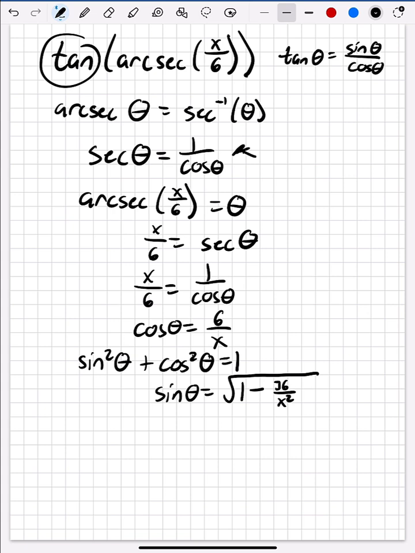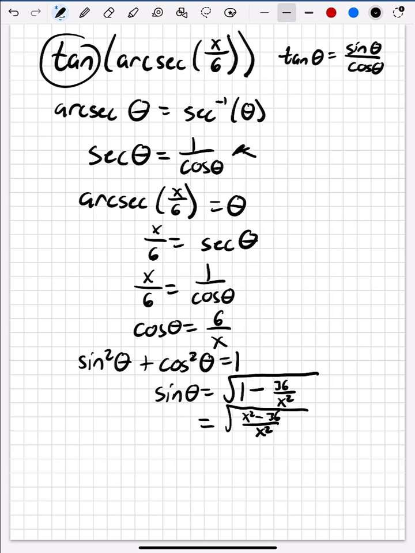To give this a common denominator, just to make our lives a little bit easier, since x squared over x squared would give me 1, I'm going to say x squared minus 36 over x squared. Okay. So now I have a value for sine.